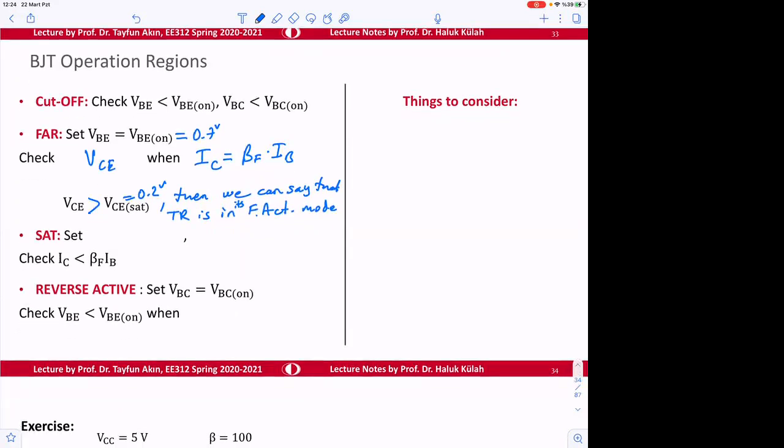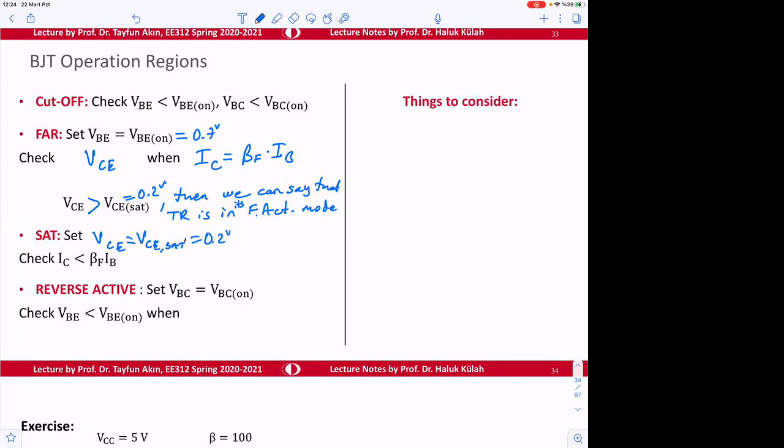For the saturation region, we will set the collector-emitter voltage to the collector-emitter SAT voltage, which is 0.2 volts.